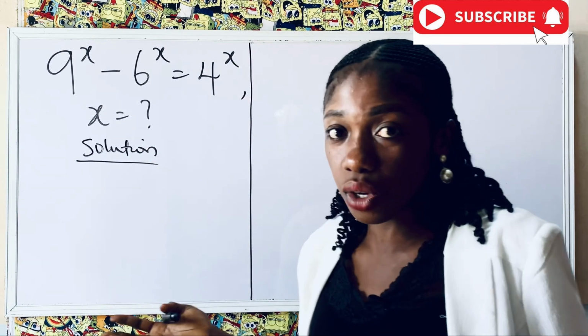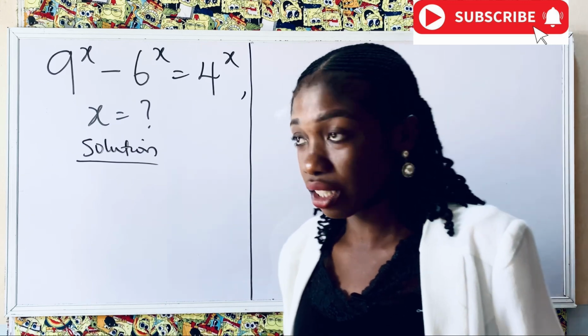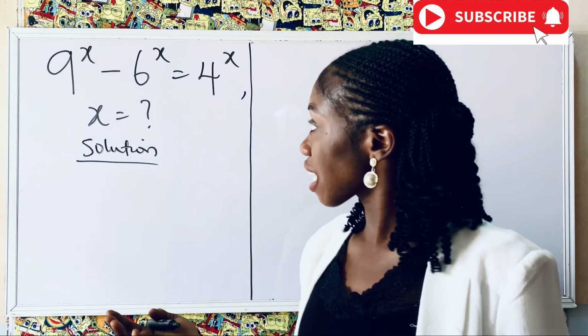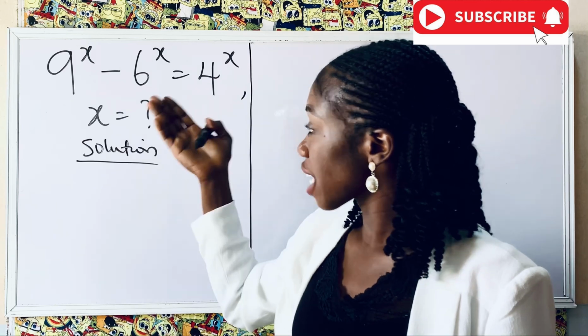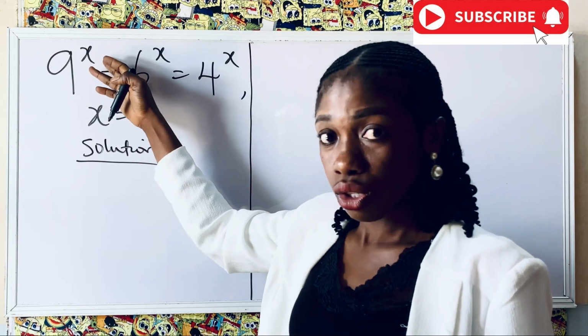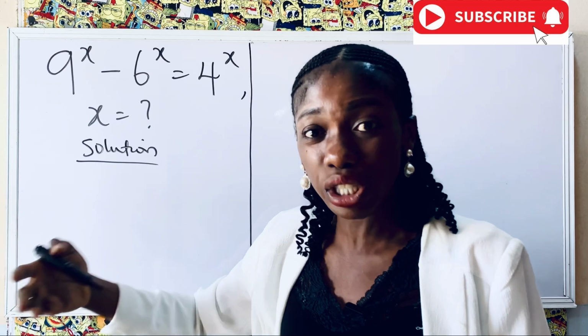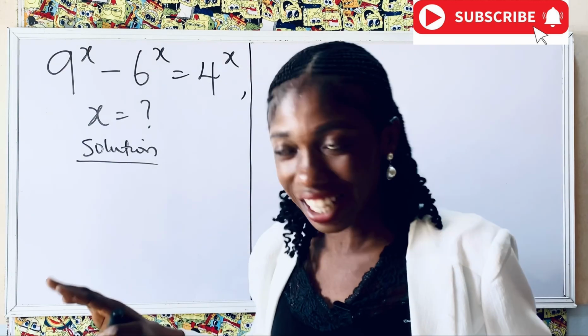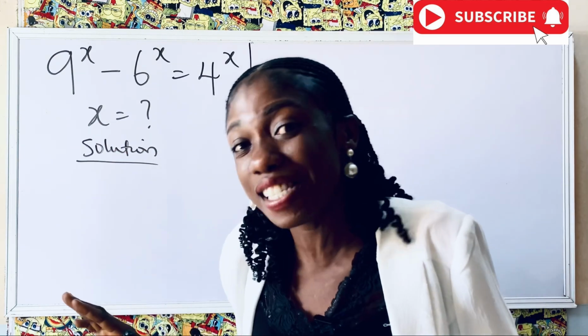Now, to answer this question, just like I said at the beginning, there are a lot of ways you can do this, okay? Our target is X, so anything that you want to do which follows a defined procedure that is legal in mathematics is acceptable.